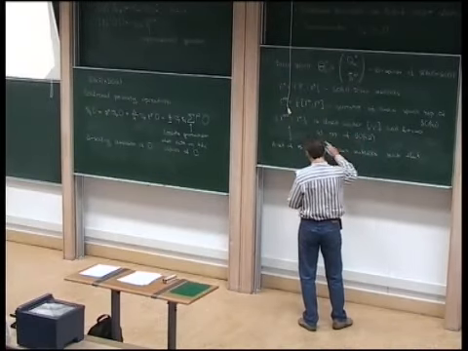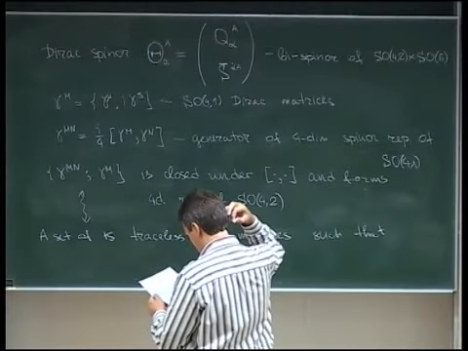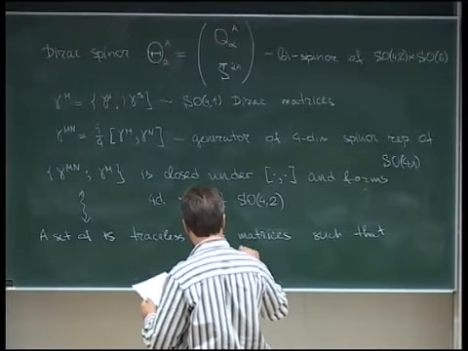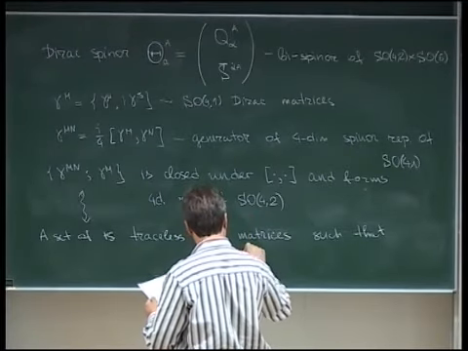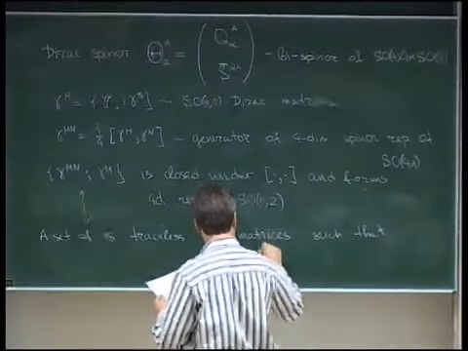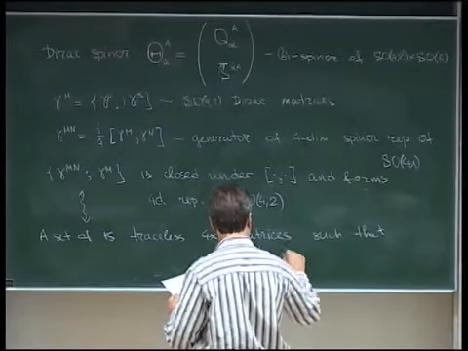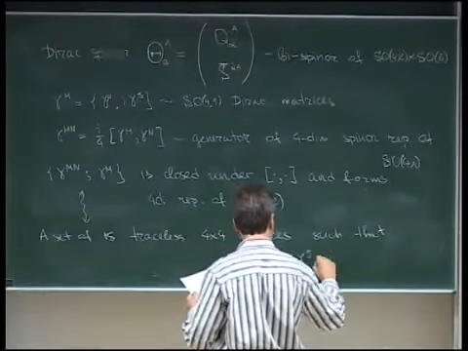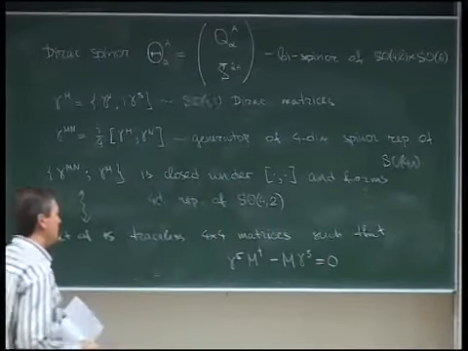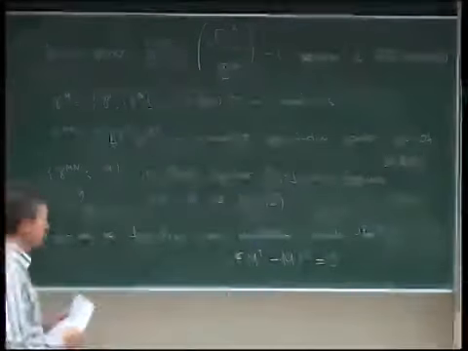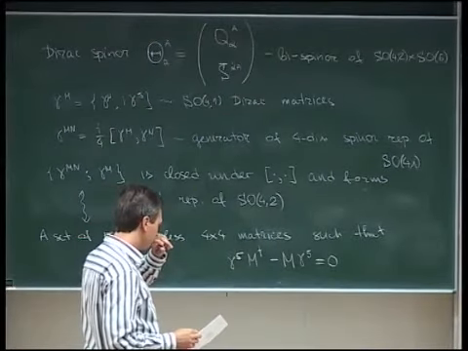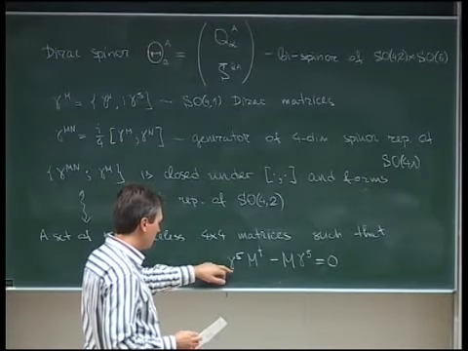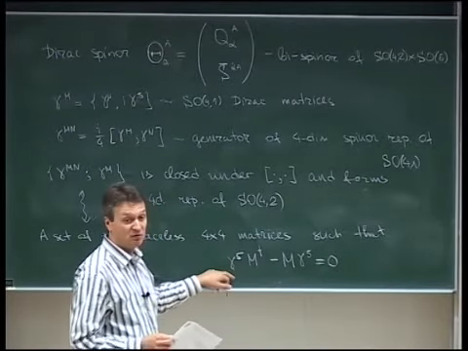It can be shown that for all of these matrices, Hermitian conjugation is equivalent to conjugation with gamma 5.